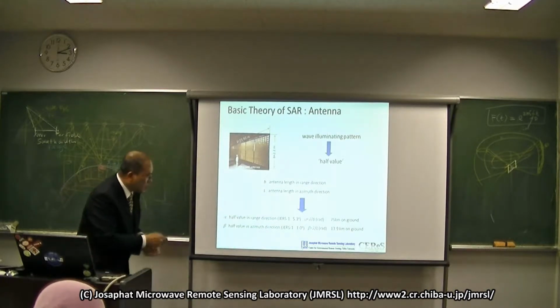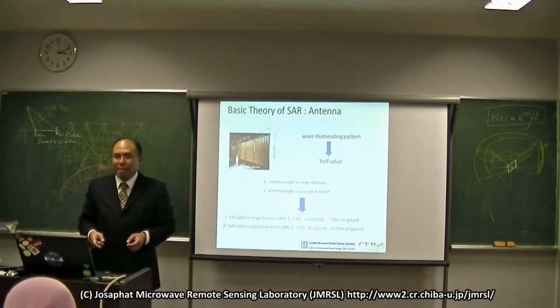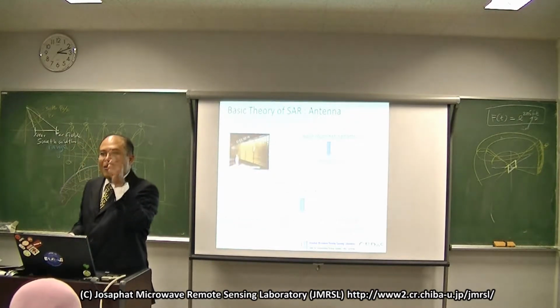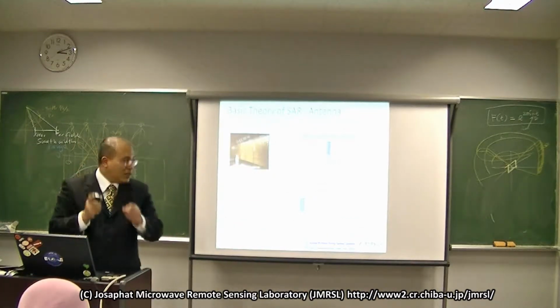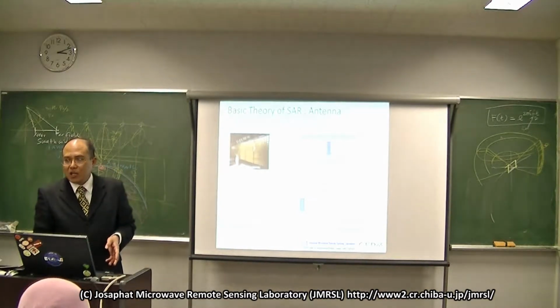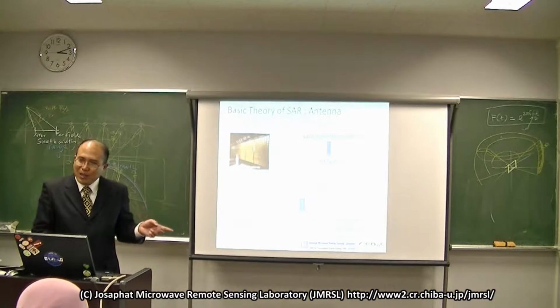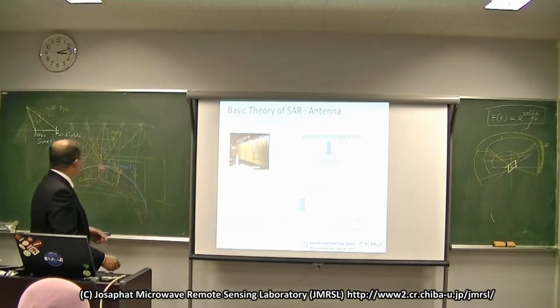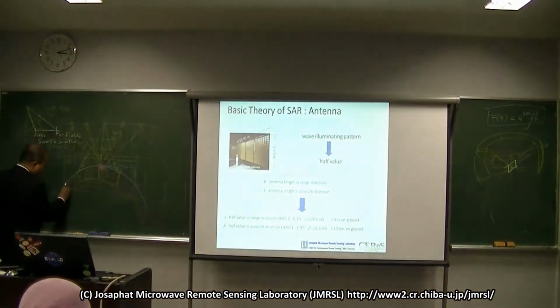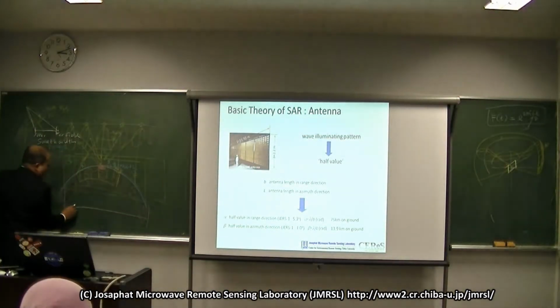You can find 1 degree, but from 700 kilometers, 1 degree is around 14 kilometers. So this width is 14 kilometers.